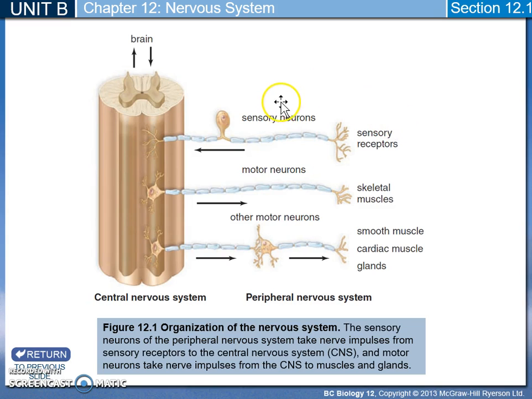So we have the sensory neurons, and these carry messages from sensory receptors to the central nervous system. Then we have motor neurons, which carry impulses from the central nervous system to the skeletal muscle, and then we have other motor neurons which transmit impulses to either smooth muscle or cardiac muscle or to other glands.